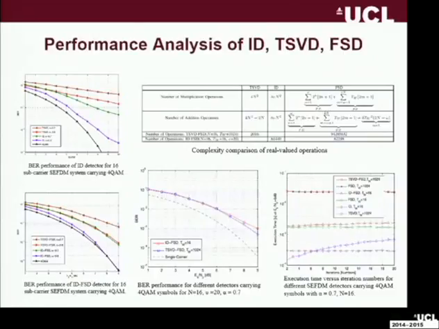However, the tree width, which defines the complexity for the fixed sphere decoder, for the iterative detection was 16. For the TSVD version it was 1024. So almost two orders of magnitude more complex for the same bit error rate. So again, another example of how when you continue optimizations and try out different methods, you're trying to improve the trade-offs between error rate and complexity.